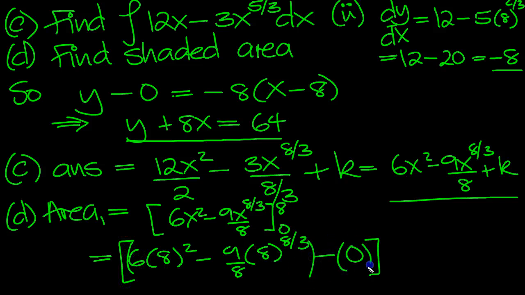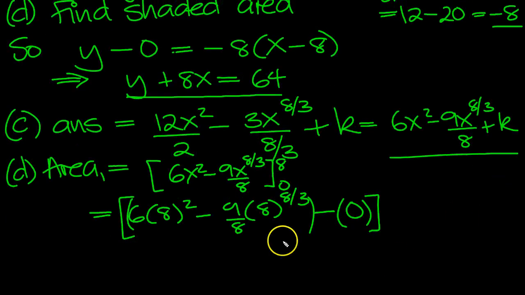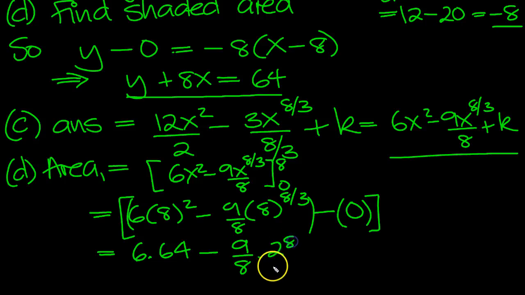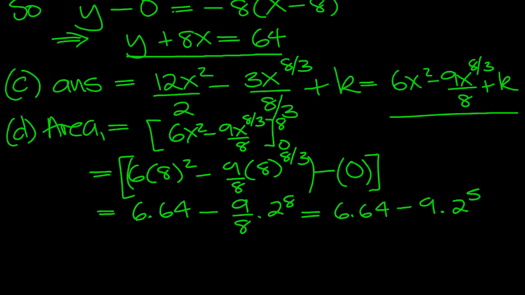So 8 8s are 64, so it's 6 times 64, minus 9 over 8 times 8 to the 8/3. 8 to the power 1/3 is 2, so this is 2 to the 8, and 8 is 2 cubed, so it leaves 2 to the 5, which is 32.